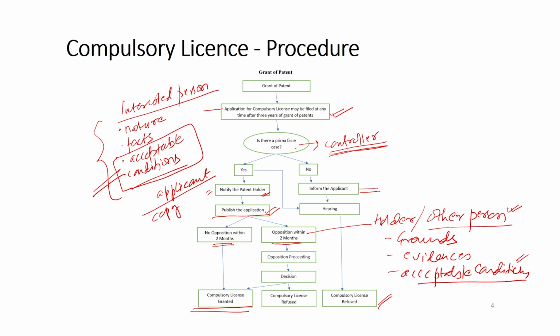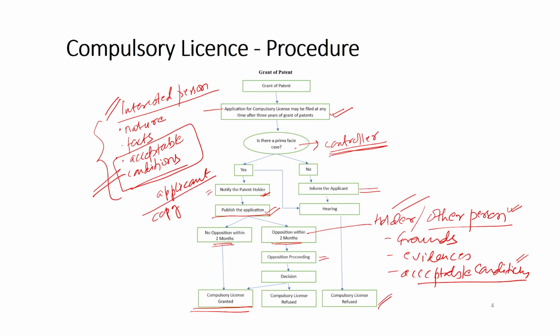Now, on the basis of both the documents, one given by the interested person and one given by the person who is opposing, opposition proceeding will be conducted, and finally a decision will be taken whether it is a fit case for grant of compulsory license or whether compulsory license should be refused.